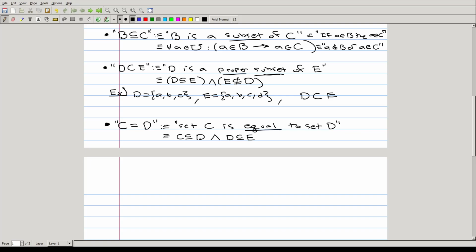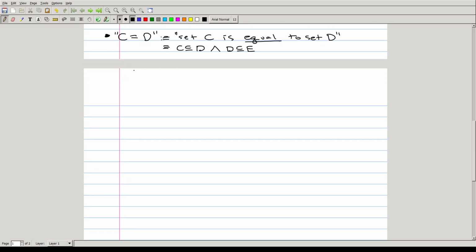But if you're not careful with how exactly you define a set, and you only use the intuitive definition, certain paradoxes come up. We'll see these in a little bit. And I want to make a note here.